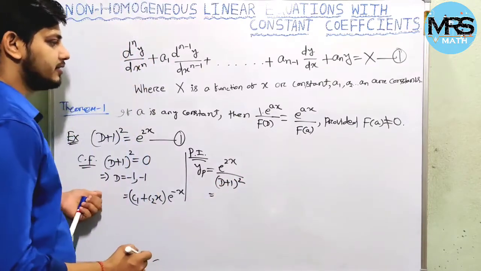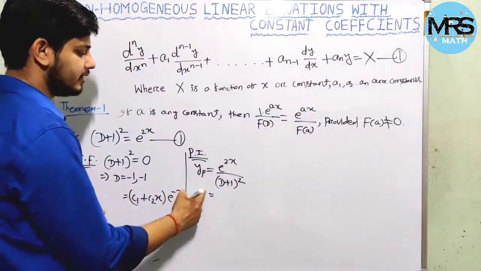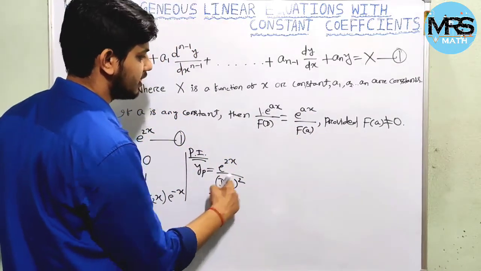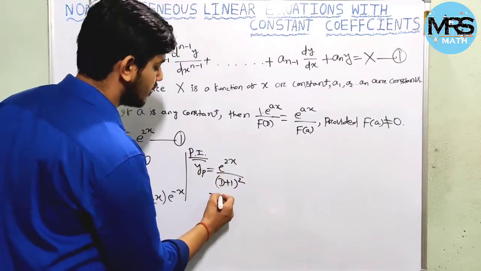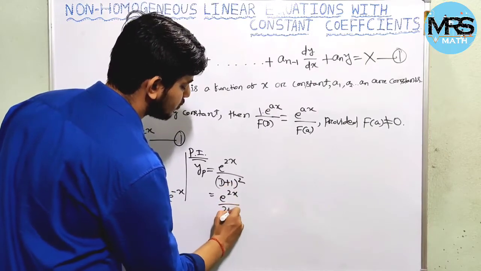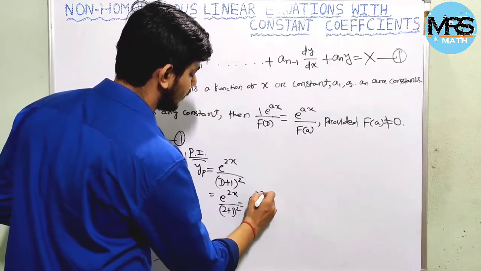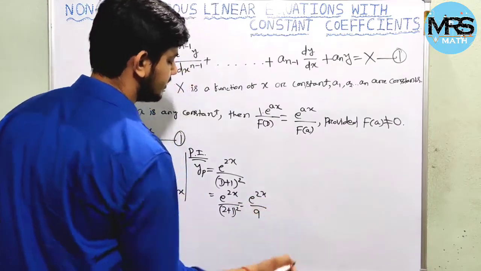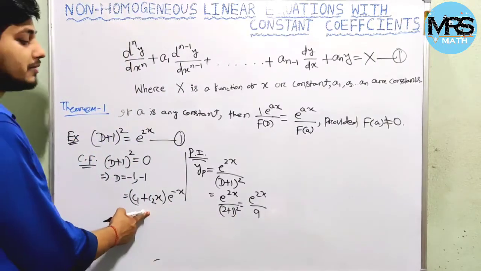Then e to the power ax over f of a, that means in place of d you just replace a, and a is here 2. So what will you get? E to the power 2x by 2 plus 1 whole square, that is e to the power 2x by 9. So this is our particular integral and this is the complementary function.